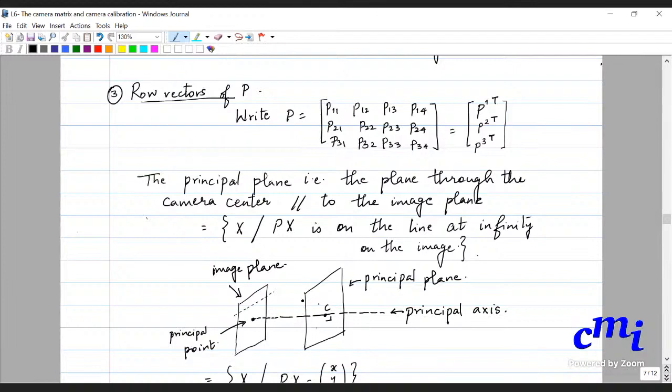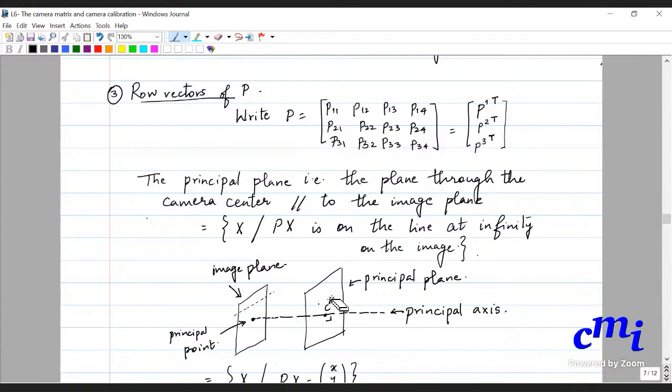That is the plane on which the camera center lies. They all will pass through C itself. So light rays on the same plane, when they pass through C, in theory are mapped to infinity on the image plane.